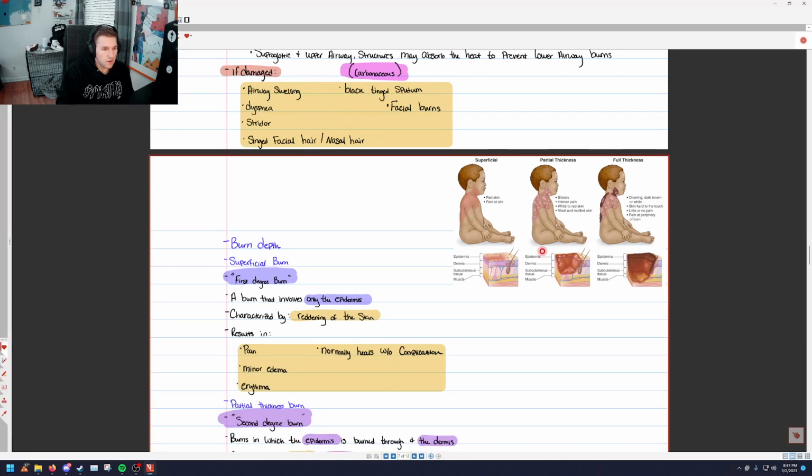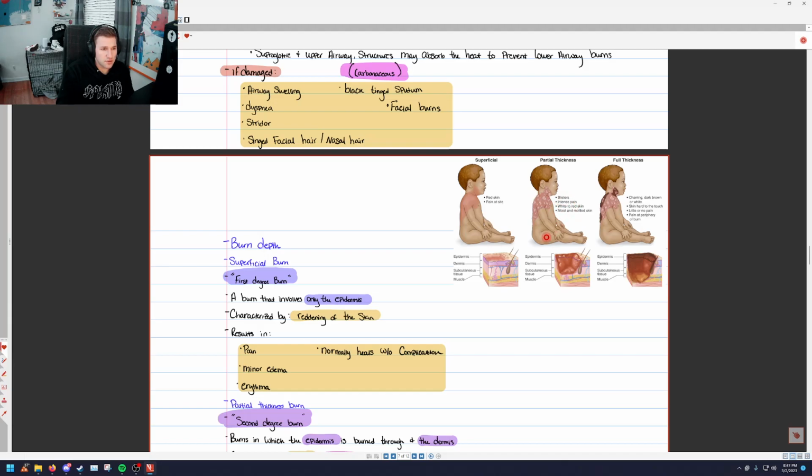So we have our burn depth here. So superficial, partial thickness, and full thickness. With superficial, you're just going to see that erythema. It's going to be pretty tame. Still, a burn regardless is going to be bad, just not as crucial. Over here on partial thickness, we're going to have that erythema, white to red skin, you're going to see blisters.